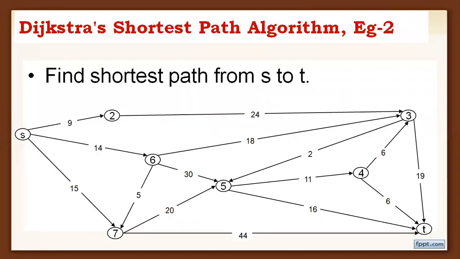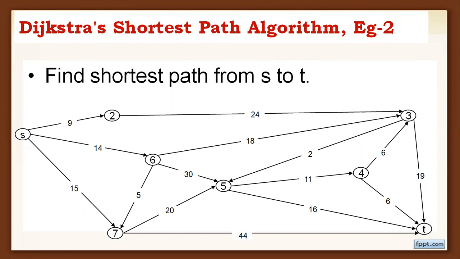So this is example 2. The main aim of the given problem is to find the shortest path from the source vertex, the starting vertex, to the other remaining available vertices in the graph.